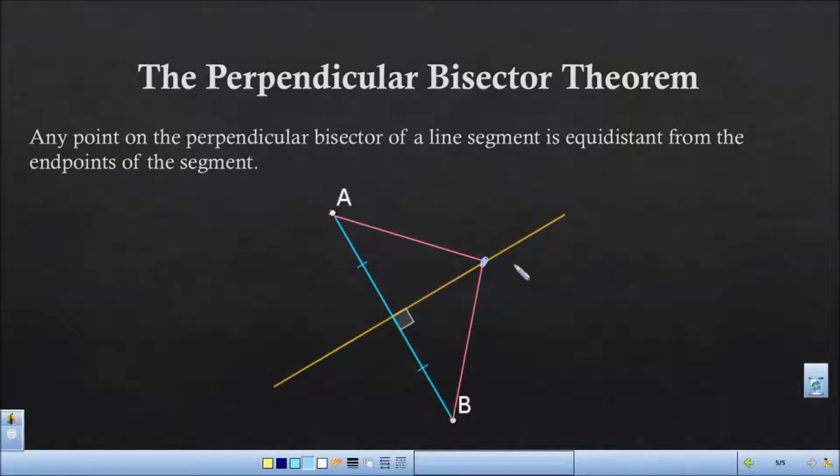So let's suppose this point is called D. Then AD is congruent to DB by the perpendicular bisector theorem.